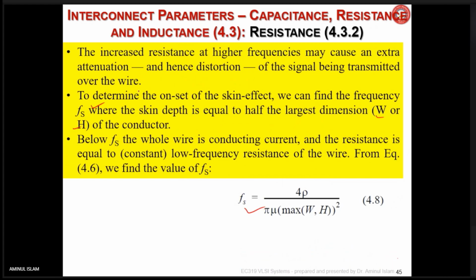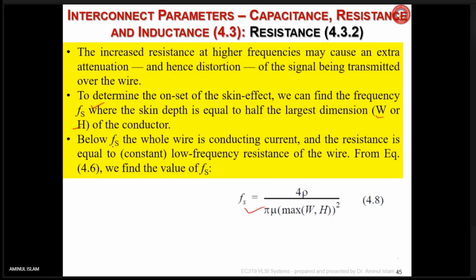The increased resistance at higher frequencies may cause an extra attenuation and hence distortion of the signal being transmitted over the wire. To determine the onset of the skin effect, we can find the frequency Fs where the skin depth is equal to half the largest dimension between W and H of the conductor.